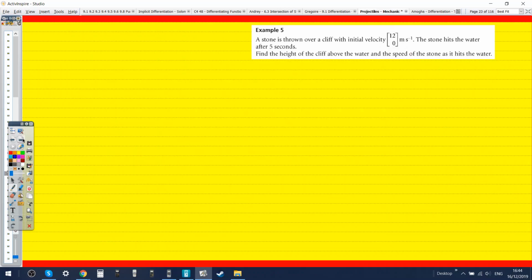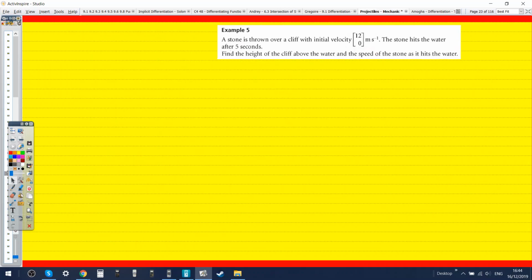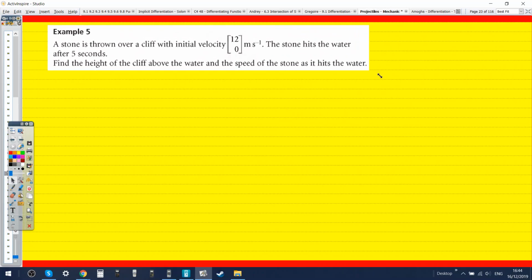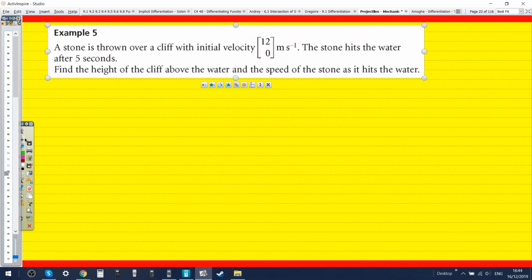No. So let's practice another. Yes. Let's try this one. So is that just 12 meters per second?